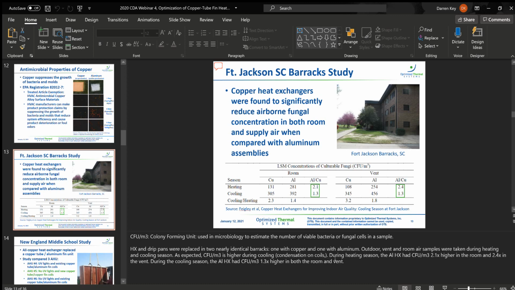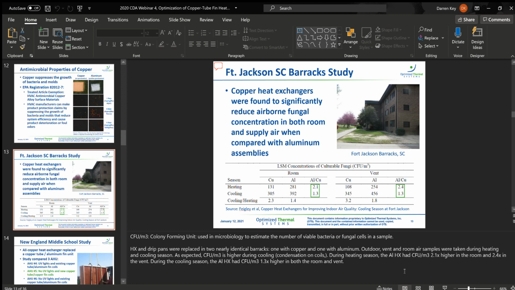During heating season, the aluminum heat exchanger had a CFU 2.1 times higher in the room and 2.4 in the vent. That is to be expected, that the vent might be worse than what's in the actual room.